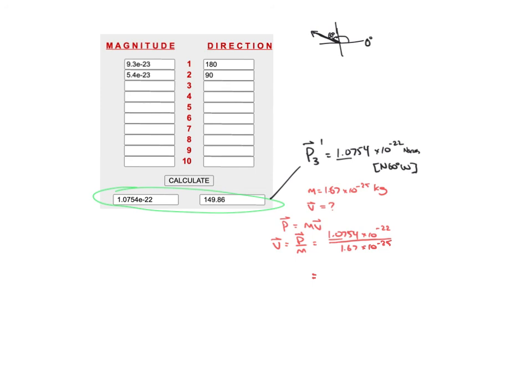Okay, so I'm ending up with 644. So that would be the velocity of the third particle.